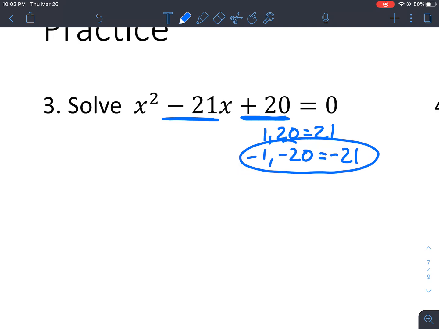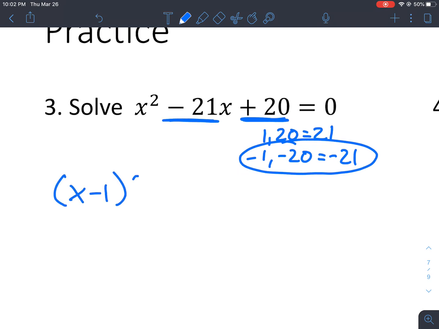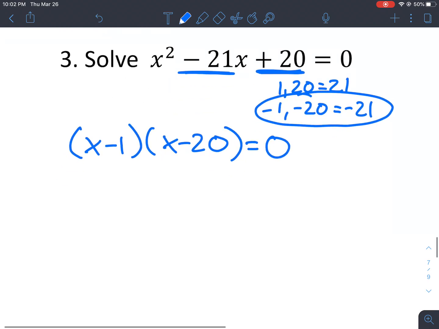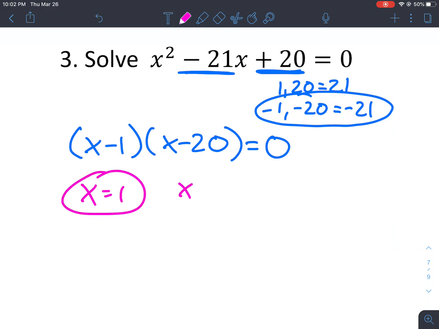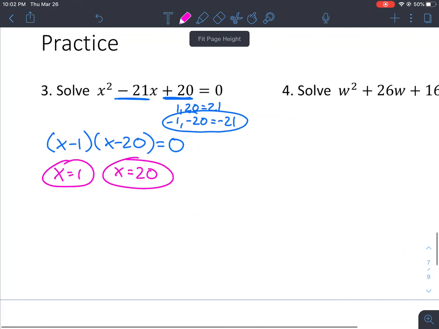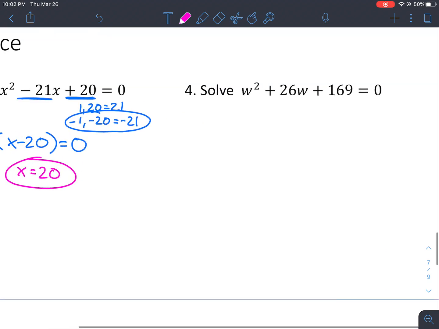So here are our factors. X minus 1, x minus 20 equals 0. We just want the opposites. Opposite of negative 1, x is positive 1. Opposite of minus 20, positive 20. So those are the two answers, x equals 1 and x equals 20.